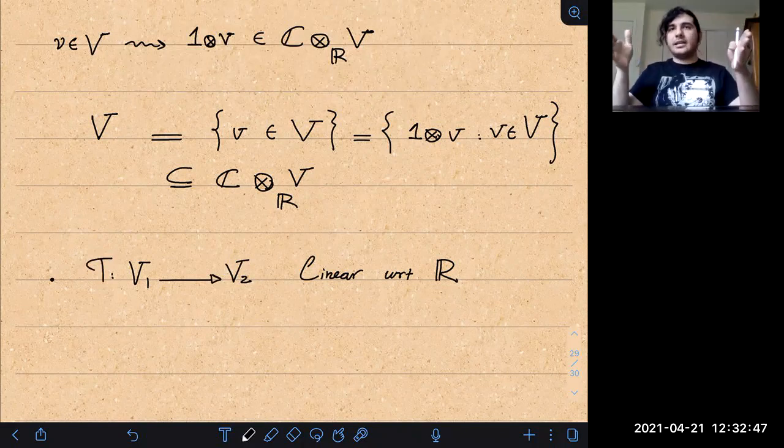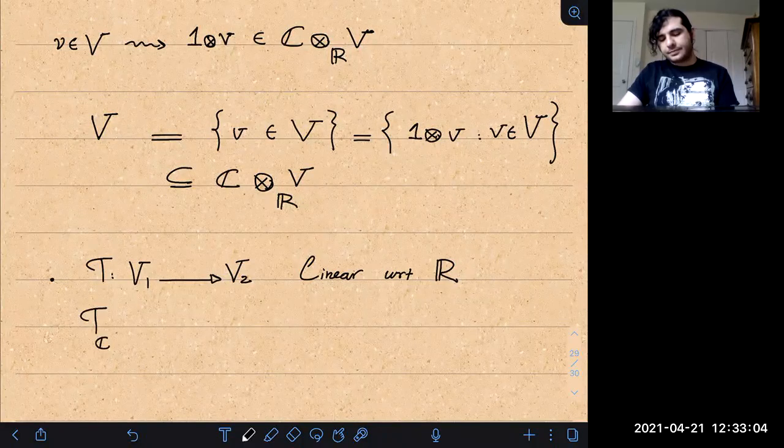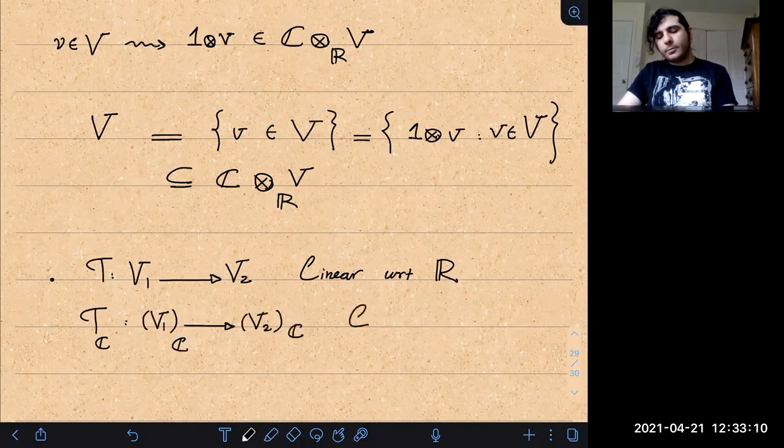So for any linear map between two real vector spaces, we would have a linear map, which we would call the complexification of the linear map, between the complexifications of these vector spaces. And this map would be linear with respect to C.